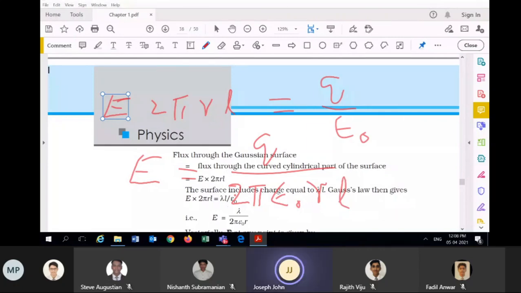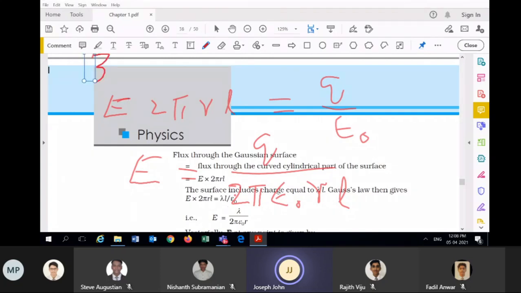E is equal to Q by 2 pi epsilon 0 rL. I told you lambda is the charge per unit length. Your L is the length of the conductor, so total charge will be lambda L. Did you finish up here, all of you?